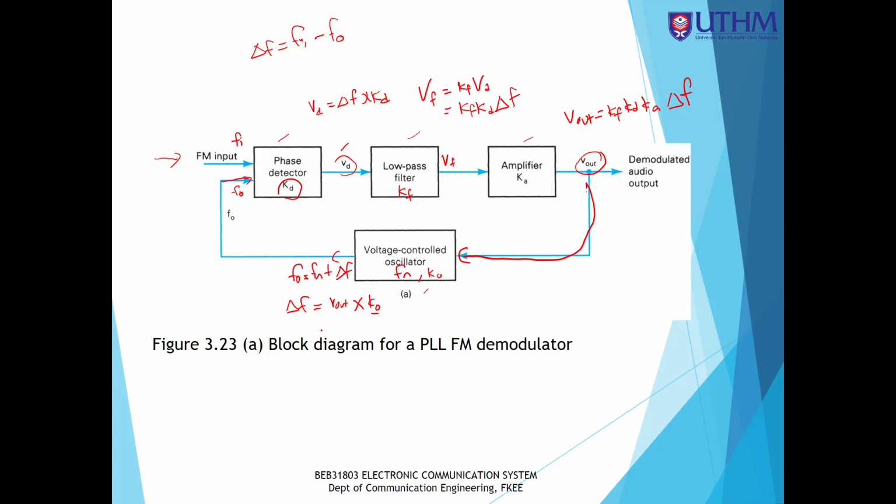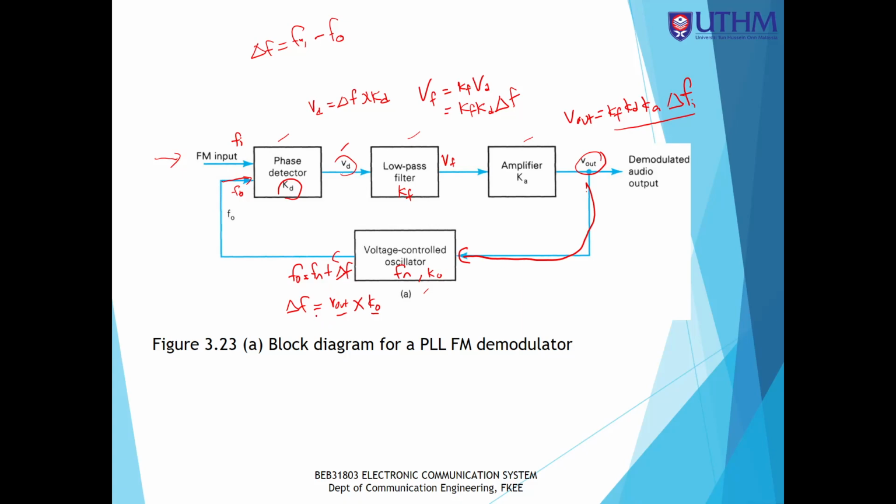So this is going to be delta F. V out here is this one, KF KD KA multiplied with delta F from the input. So this is actually delta F from the input. Okay, so it produced delta F over here.